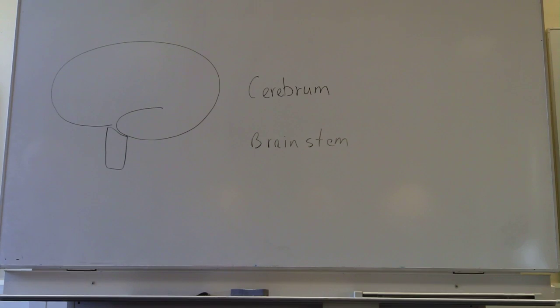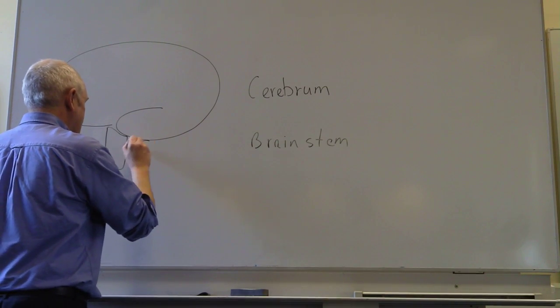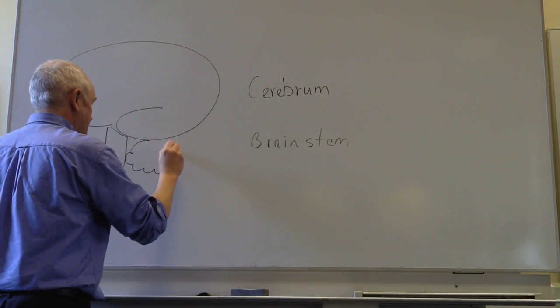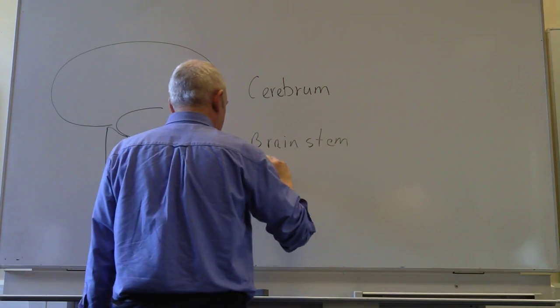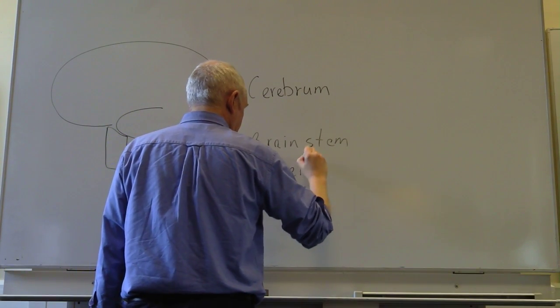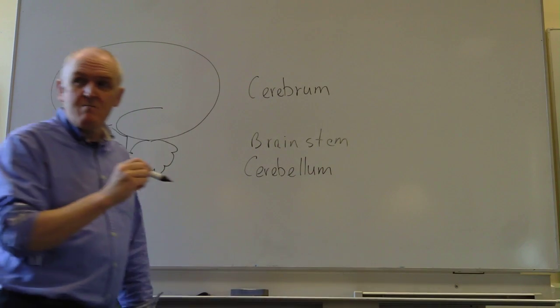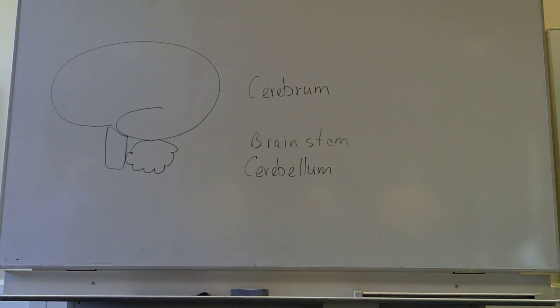And then there's a bit at the back that's shaped like a cauliflower, which is the cerebellum. So looking at the brain from the side, they're the three main parts.